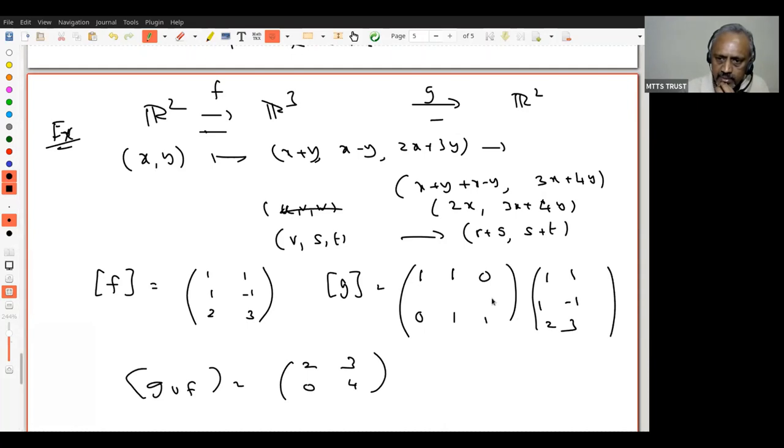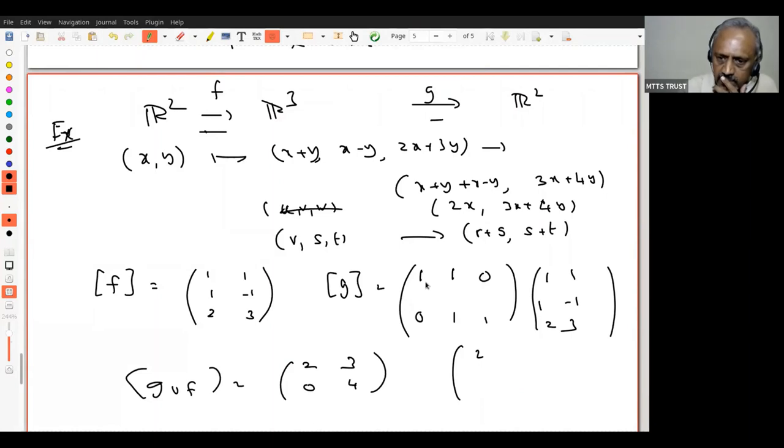So let us multiply first row by first column, that will be 2. First row by second column will be, wait a minute.